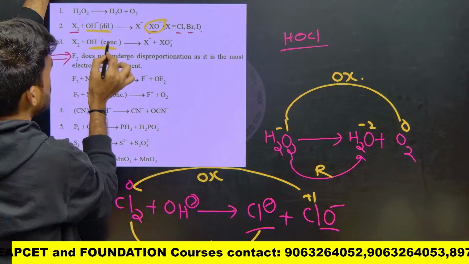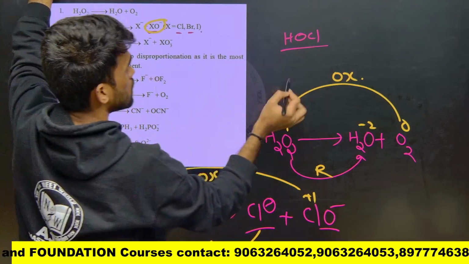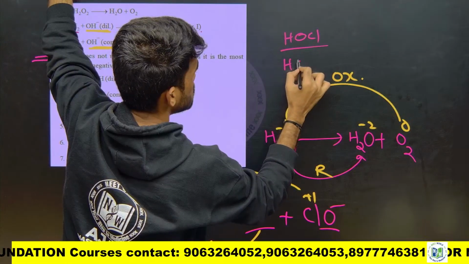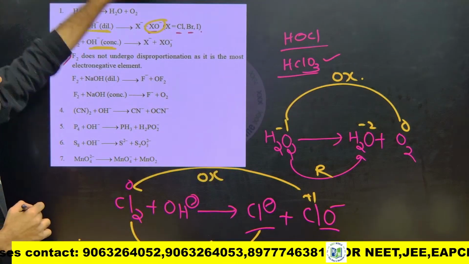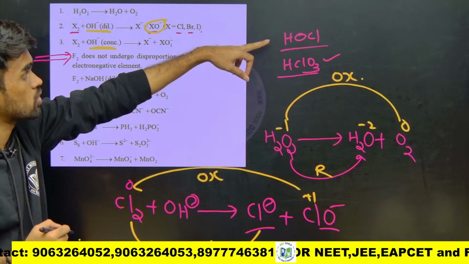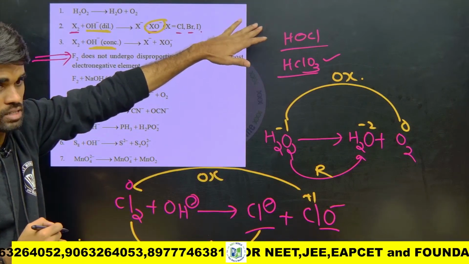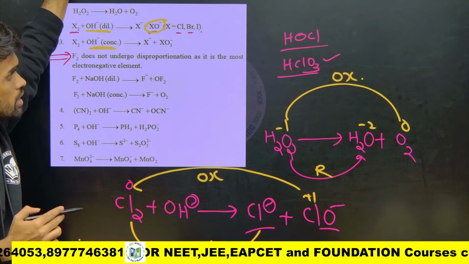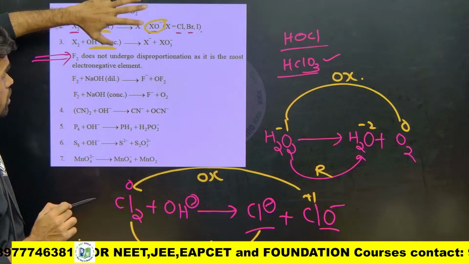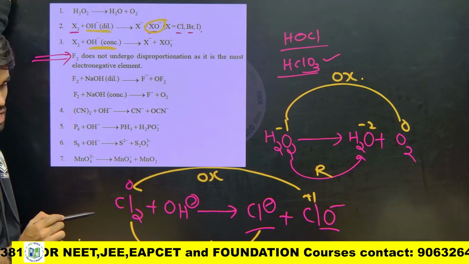If I use concentrated base, here we will be getting HClO3 kind of product, chlorate. Okay, that is the difference. You need to understand, and you can make a note of these two reactions also.